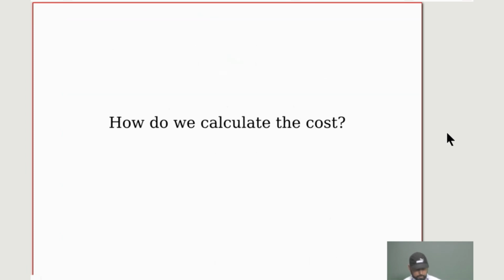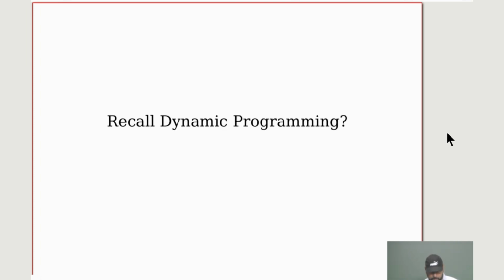So how do we calculate the cost? That's the whole thing. I want to solve a problem, and for a sequential decision making problem, I have a sequence of steps, and I know the cost that I incur when I choose the controls. So what are the ways we can calculate the cost?